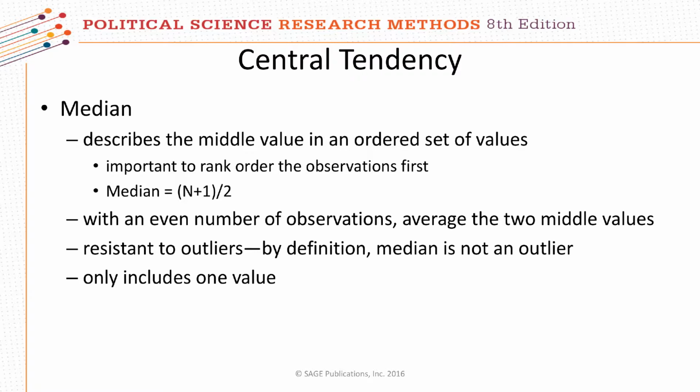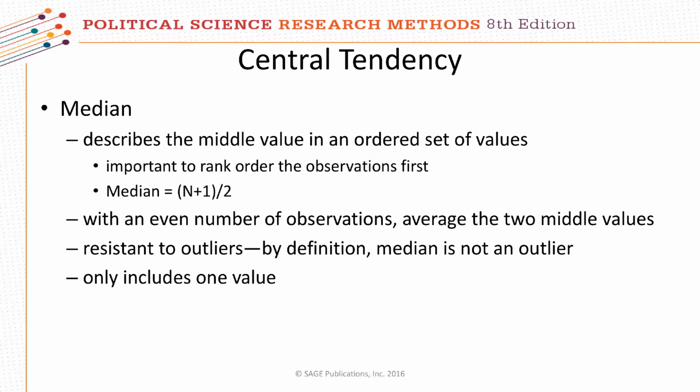So what's the middle category? And in an even set of observations, you average the middle 2 categories. So this has some resistance to outliers. By definition, the median is not an outlier and only includes one value.